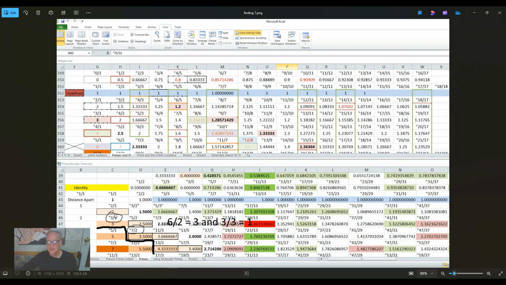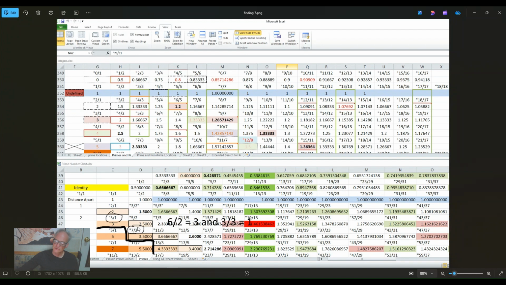So if this was 3 divided by 3, you have this angle, 3 divided by 3 would be 1. The result needs to be less than 1. So we know we have to go on to the next number, which is 7. And this is how we find 7.